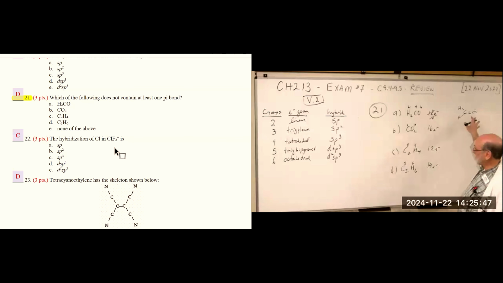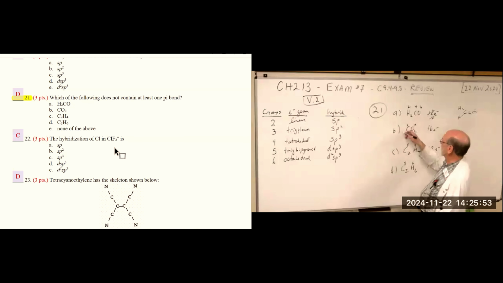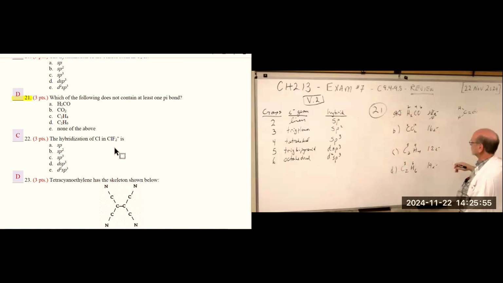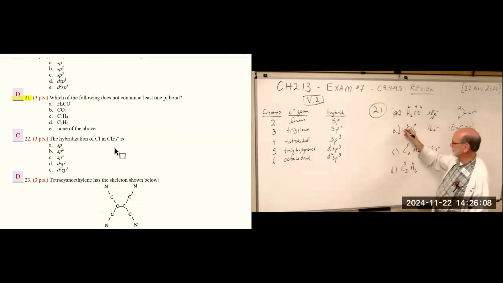So that's got at least one pi bond. And we're looking for the ones that do not contain at least one, right? So that one doesn't work. We've done CO2 before. Right. So that's got 2 pi bonds.